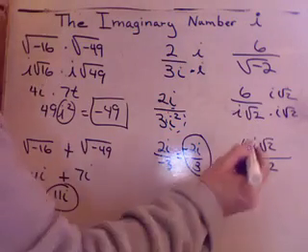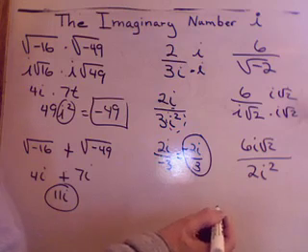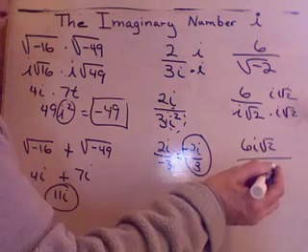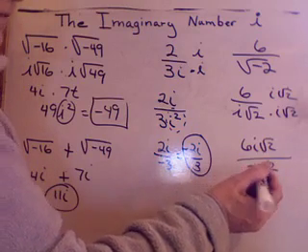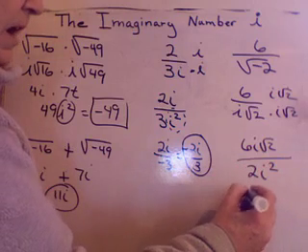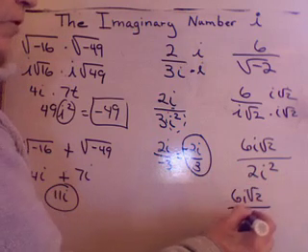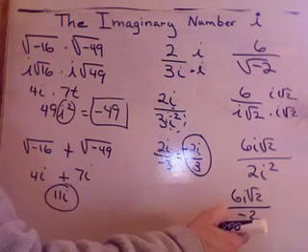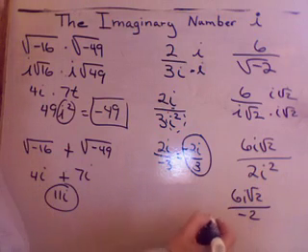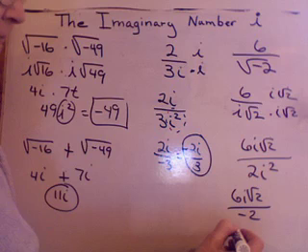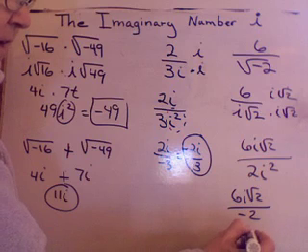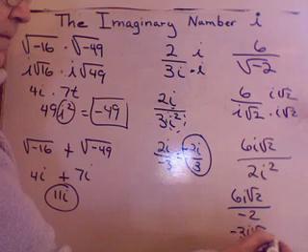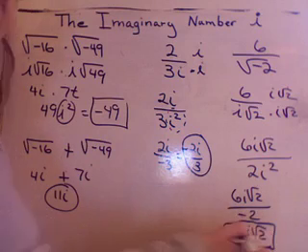Now be careful here, don't reduce the i's too quickly. If you get an i squared, that's always a good thing because that's a negative. So I have 6i root 2 over negative 2. I can divide the 2 into the 6. So what do I get? Negative 3i root 2. And that is the answer.